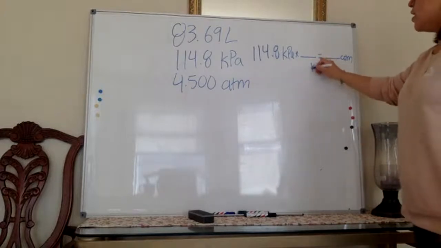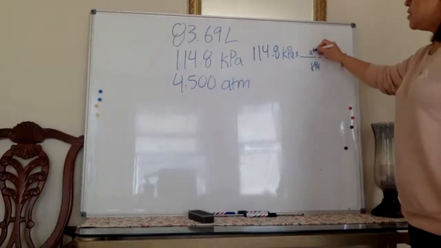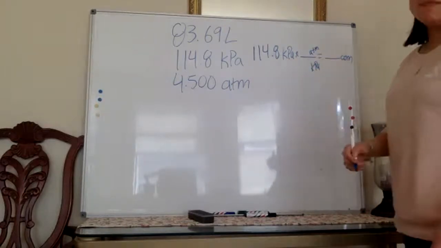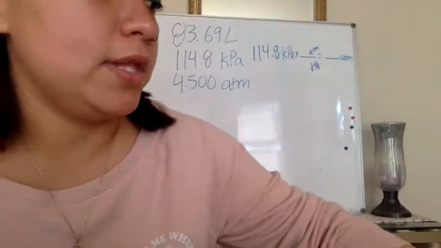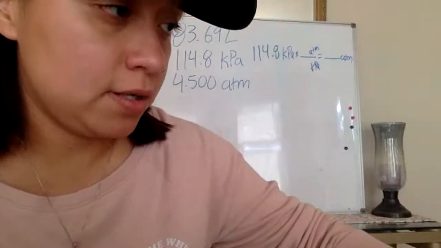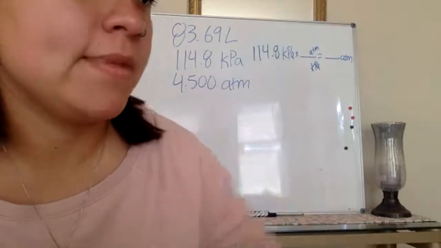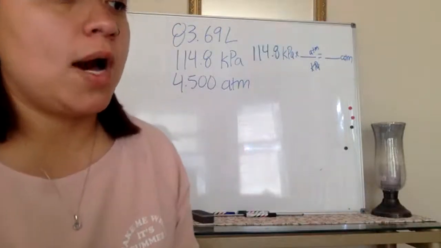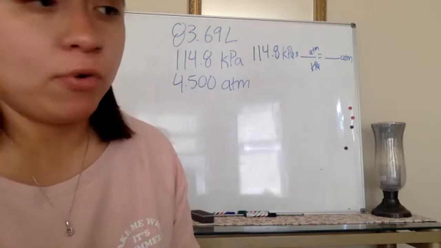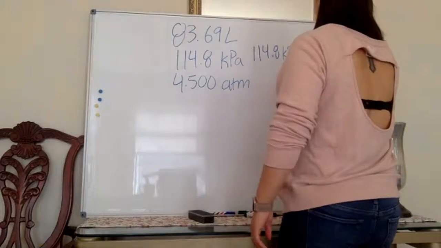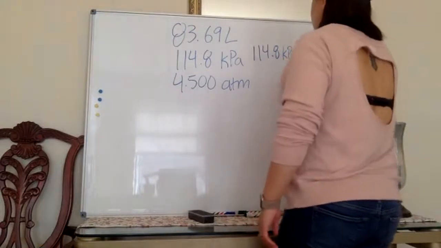I want to get rid of kPa, so that's going to be at the bottom, and ATM is going to be at the top. Then I'll look at my cheat sheet to see what numbers go with it. Okay, so kPa is 101.3, and ATM is 1.